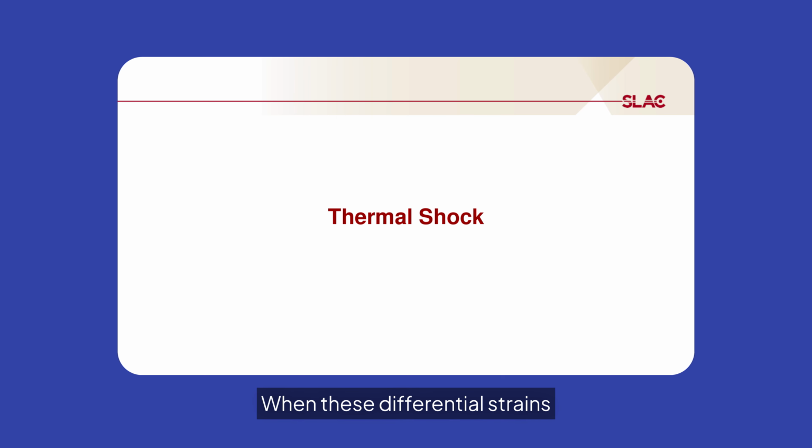When these differential strains occur quickly, they can cause cracks, delamination, fractures, or other structural failures that occur immediately, not just accumulate over time.